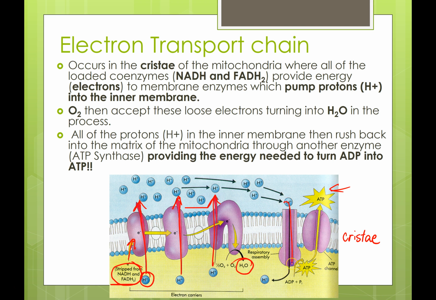And when they rush back through the cristae membrane, this is providing the energy needed to turn ADP into the ATP we want. Here's where we get that bulk amount of ATP from cellular respiration.